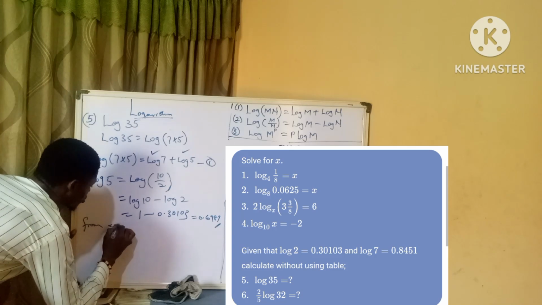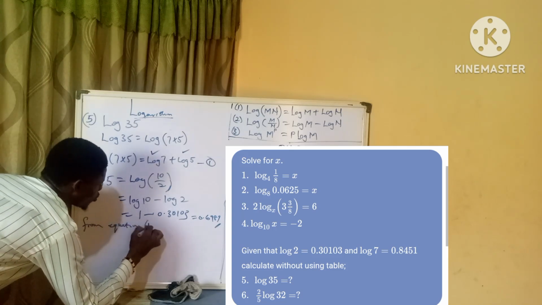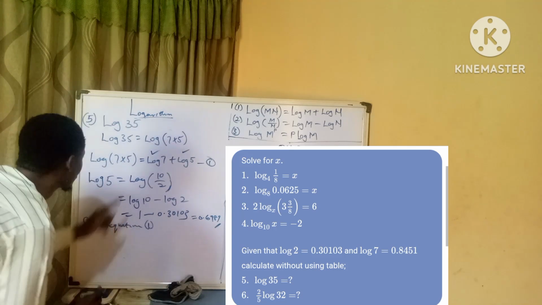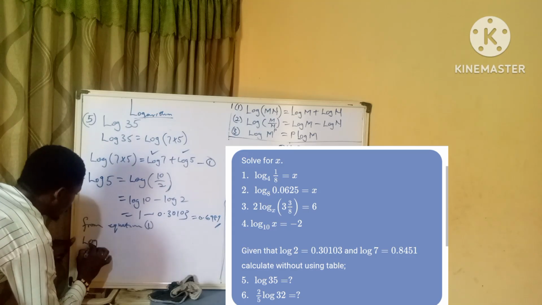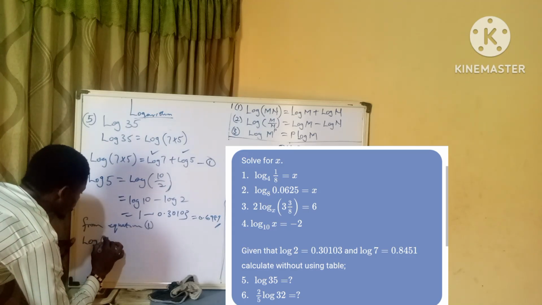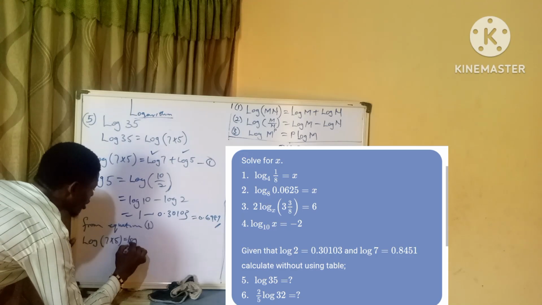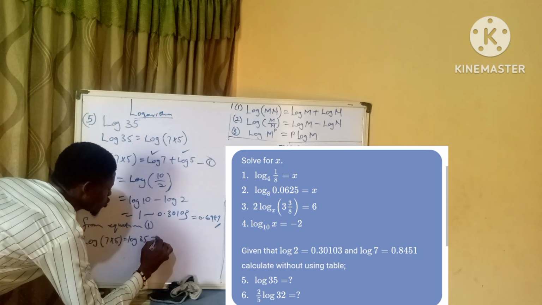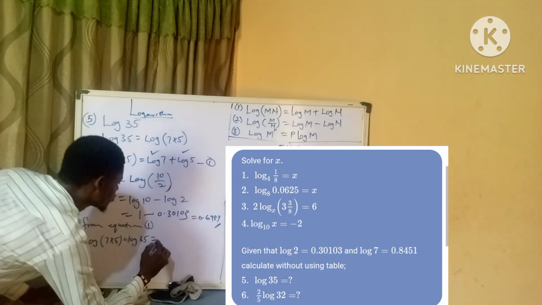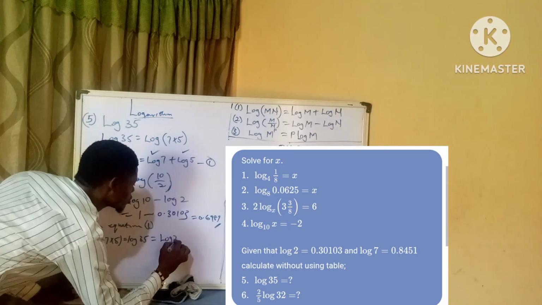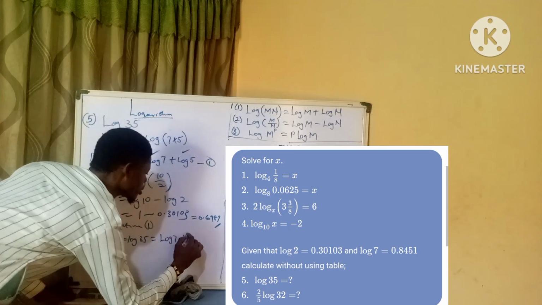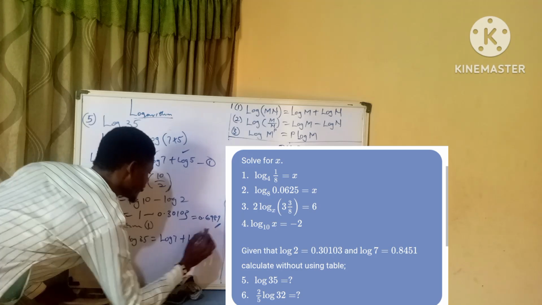From equation 1, log of 7 times 5 is equal to log 7 plus log 5.